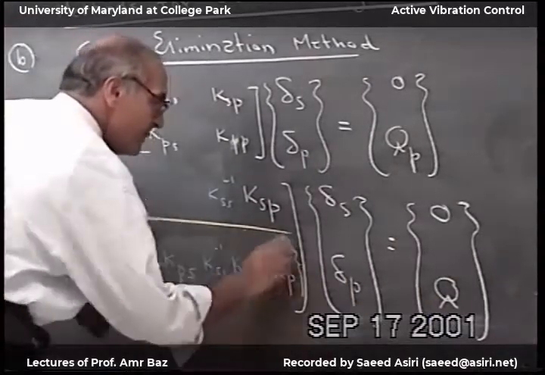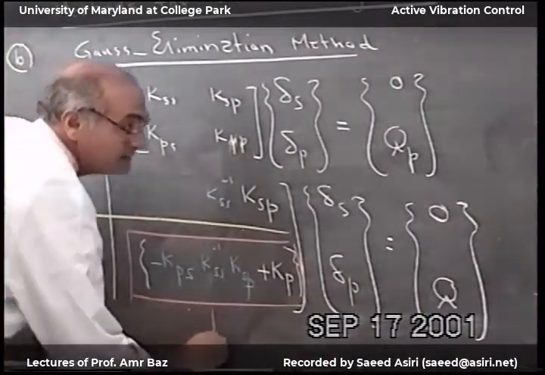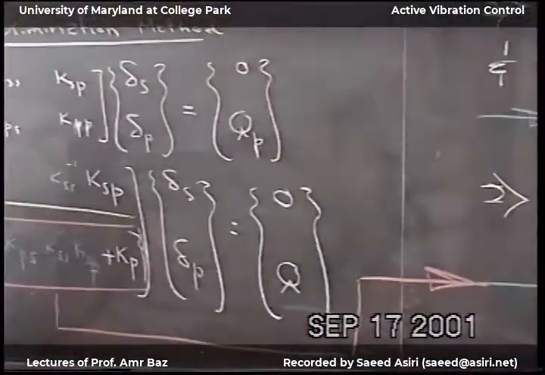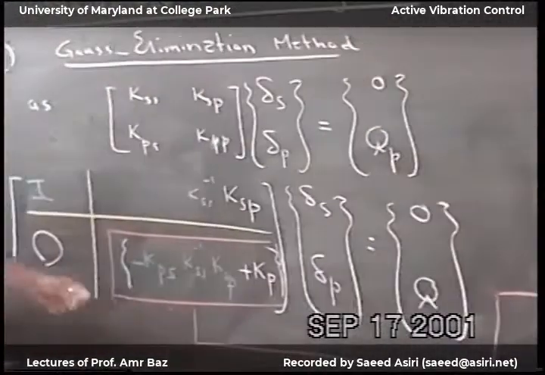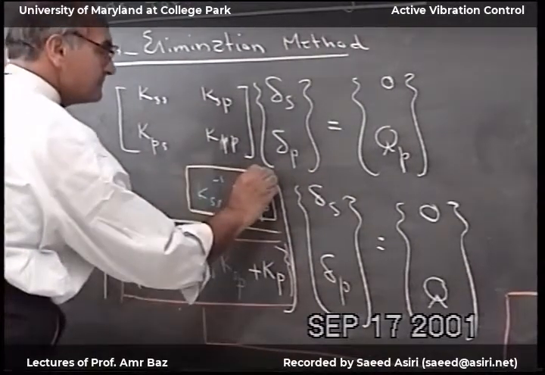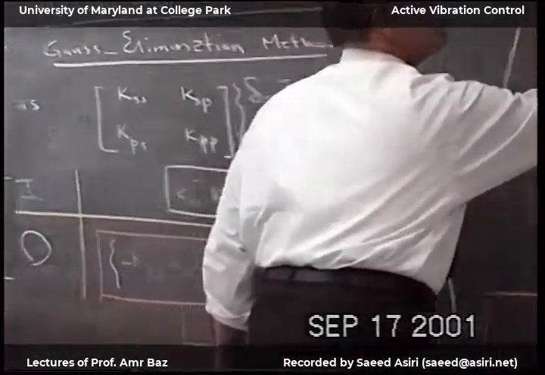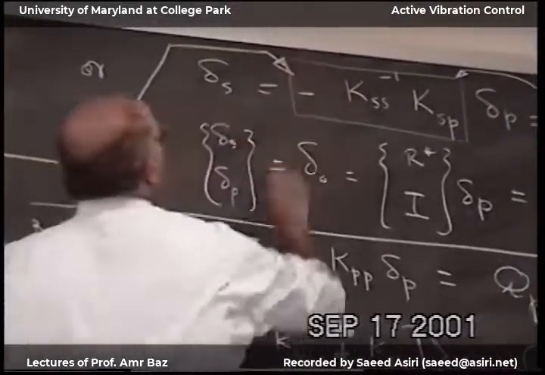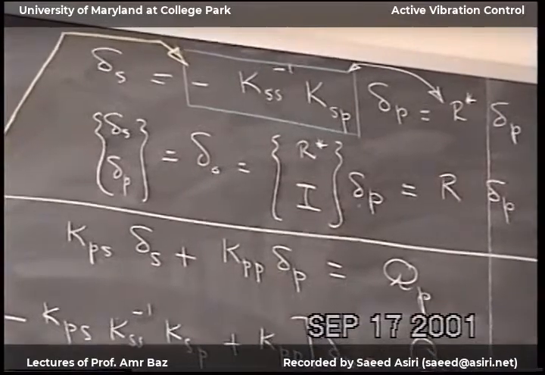This term, again, is exactly the same as the reduced stiffness matrix. This term is the negative of R star.